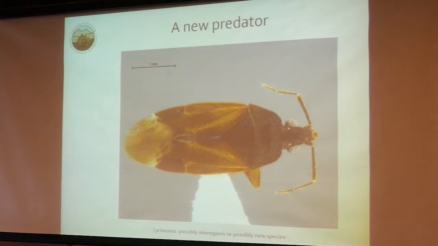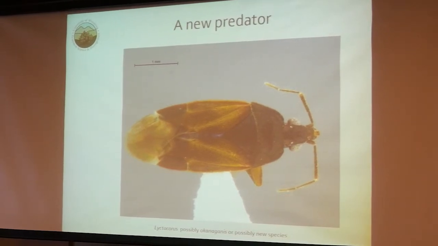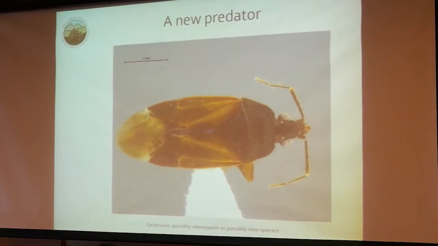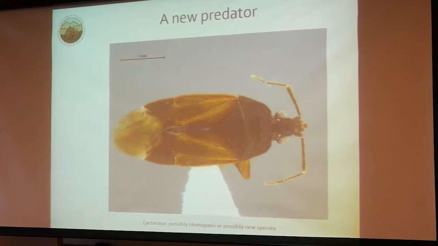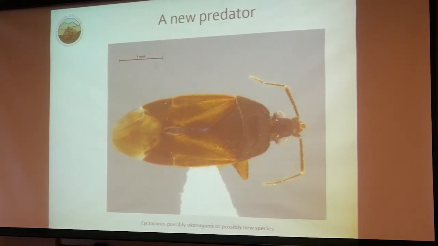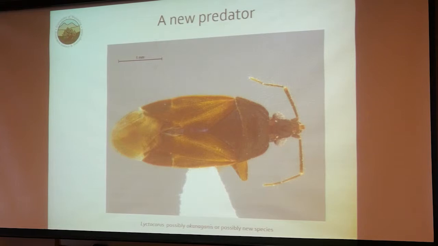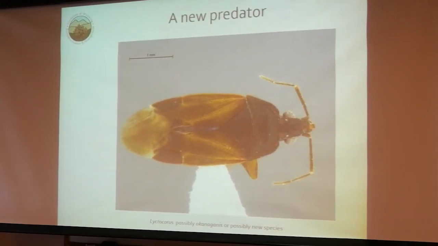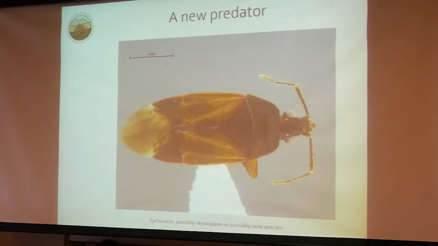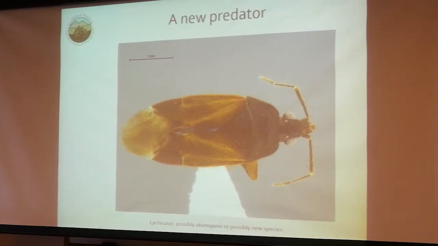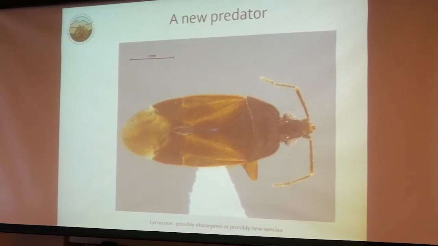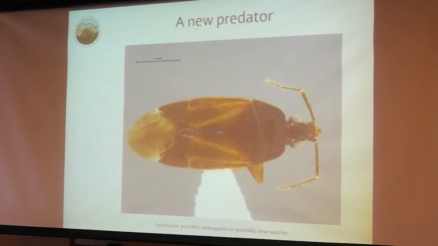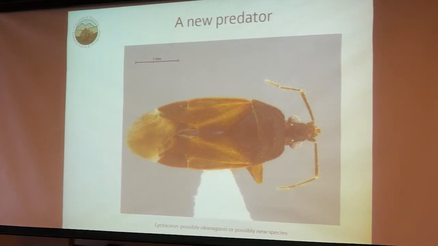Another really cool one is a new predator. So there are some predaceous insects, and this belongs to the order Hemiptera, the true bugs. And these are known in other bark beetle systems. They are known to be present with southern pine beetle. They're known to be present with many of the different pine engraving beetles. And they've been demonstrated to be predators on the associated bark beetles.